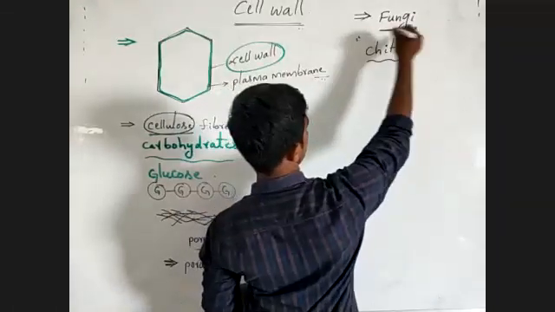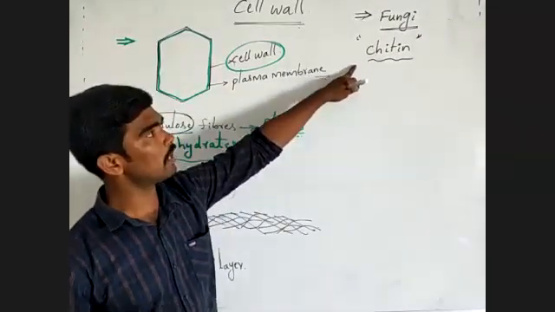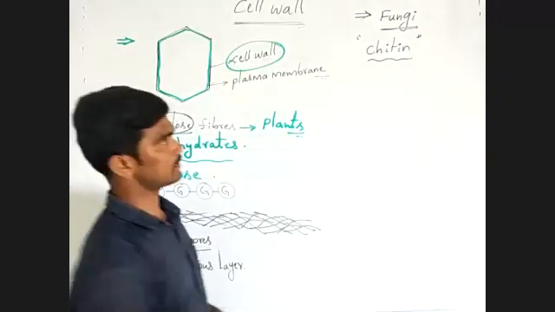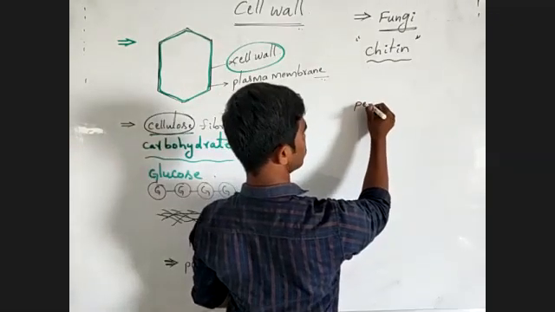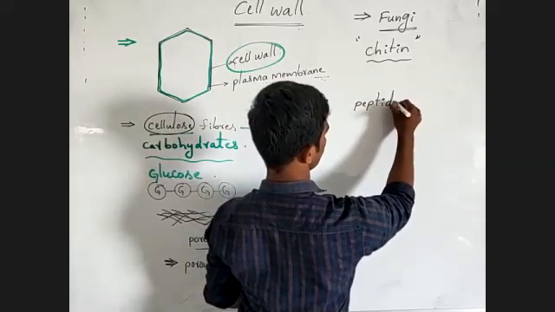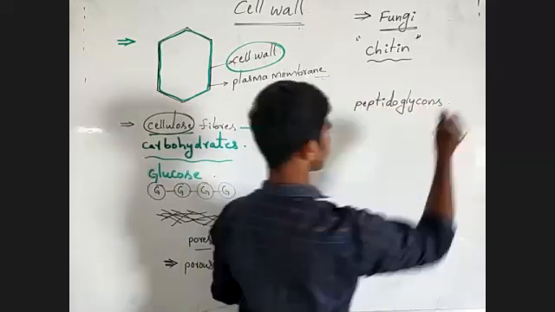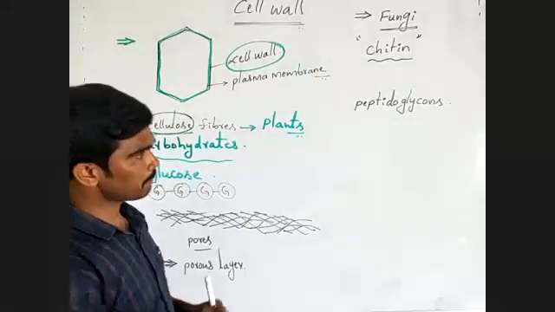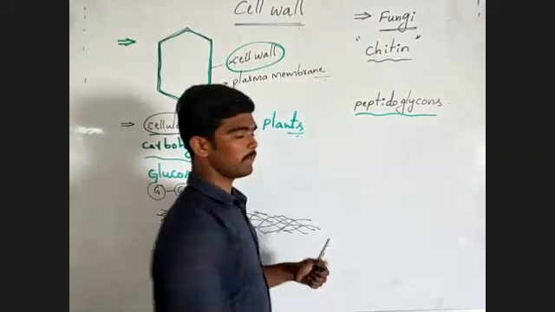It is also a type of carbohydrate. Next, peptidoglycans, another carbohydrate structure. These are the materials involved in formation of the cell wall.